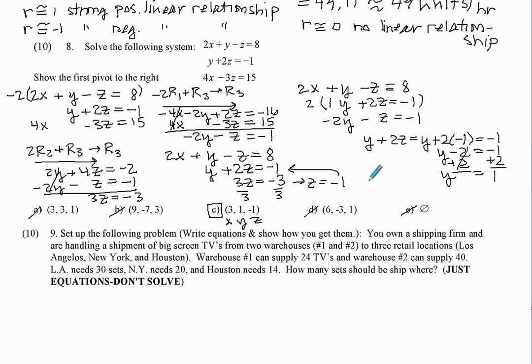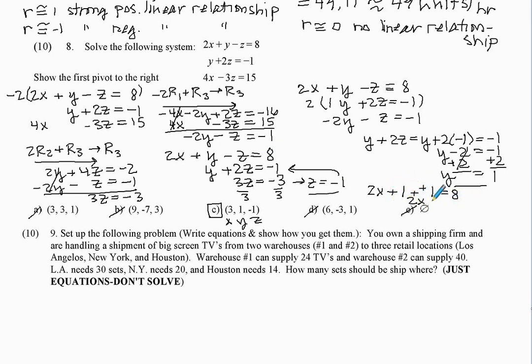So far so good. And now we've got our y is 1 and we've got our z is negative 1. Plug those back in the first equation here. So that's going to be 2 times x, and our x is what we're solving for, plus y, which is 1, so plus 1, minus z, and our z is negative 1, so it's going to be minus negative 1, equals, on the right hand side, 8. Here double negative makes a positive, so this is going to give us 2x plus 2.